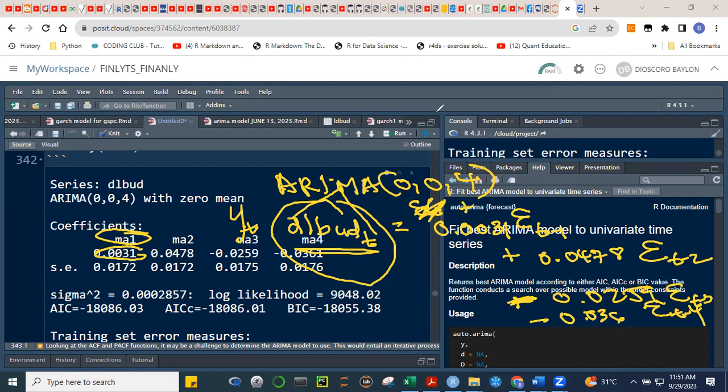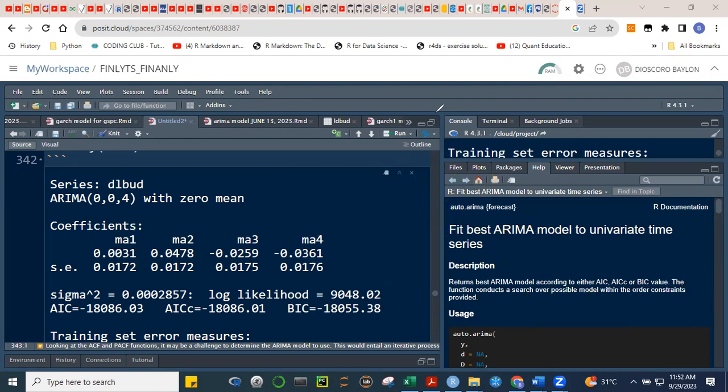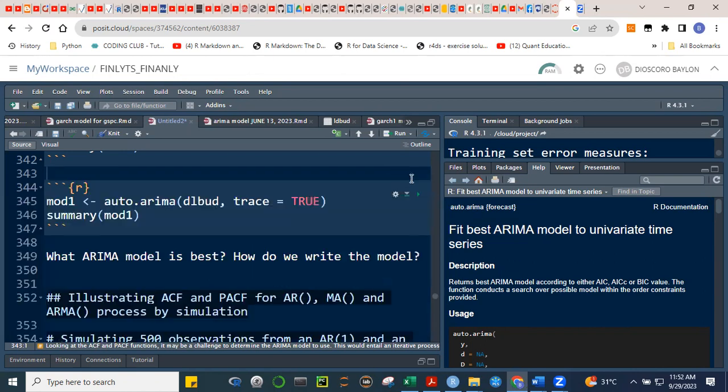All right, any questions, class? Any other questions? Okay, no questions. Now we can also use the same function, class, because we will add trace equal to true.